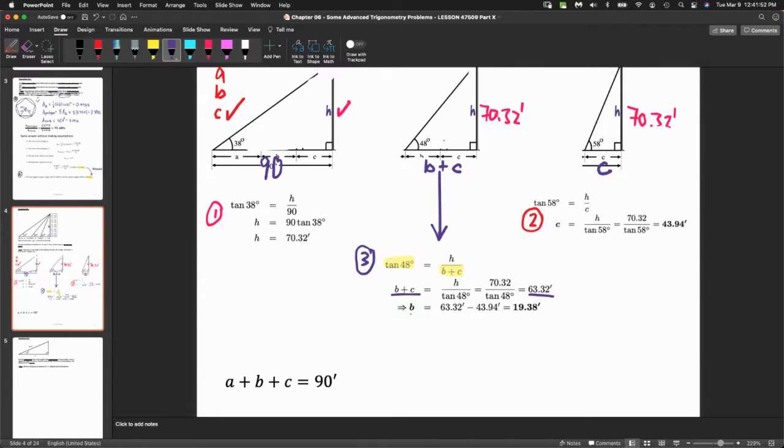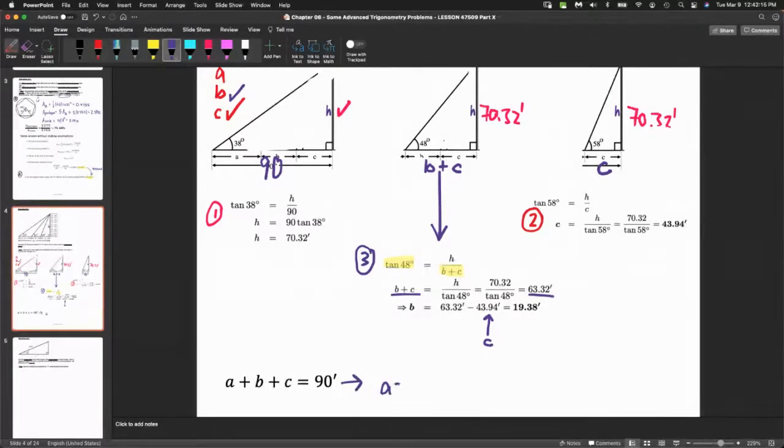So then what is B? B is 63.32 minus this number, and what that number is, it's C. You're taking away C, and you get 19.38 feet. So on our checklist now, we know what B is. So what you mentioned in the chat there, Denny, would be the last step of the question.